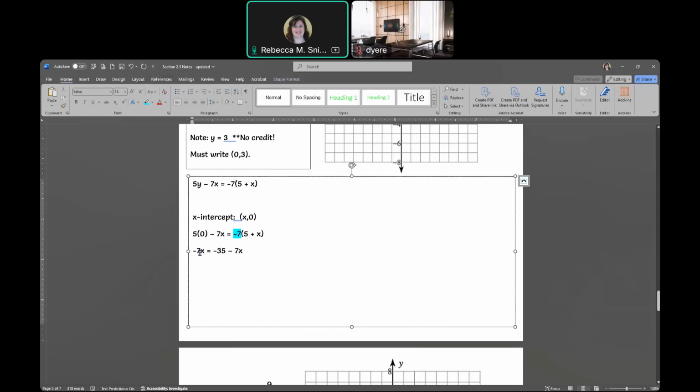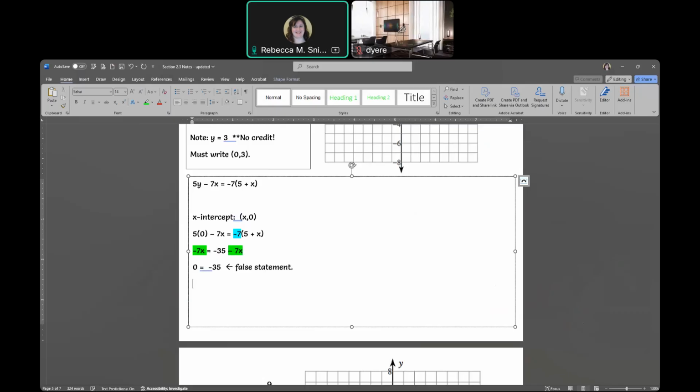The next thing I have to do is combine my two x terms across the equal sign. Notice they're the exact same term. I have a negative 7x on one side and a negative 7x on the other. So if I solve that down, what we end up getting is that 0 is equal to negative 35. Now, we know that this is a false statement.